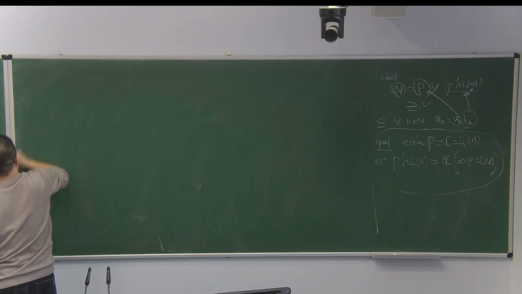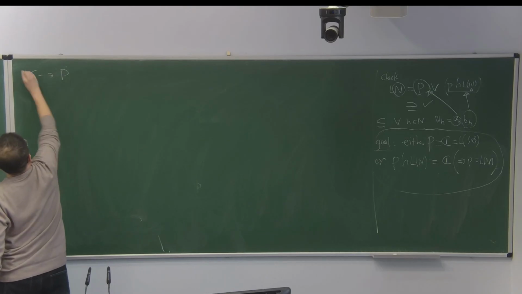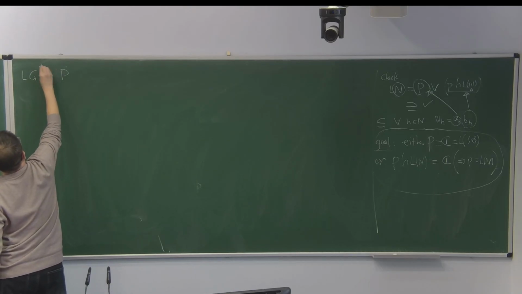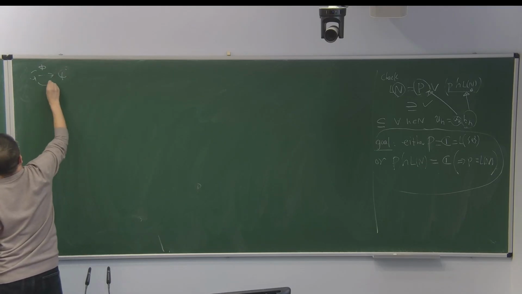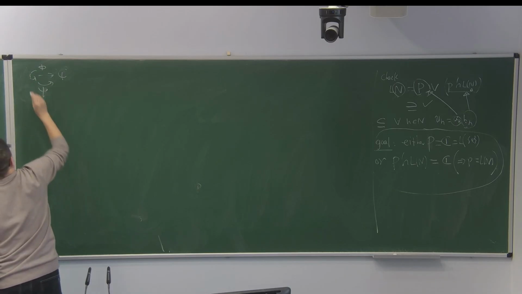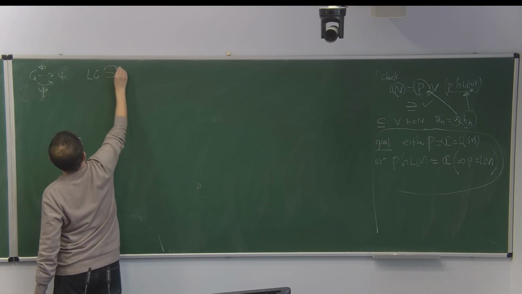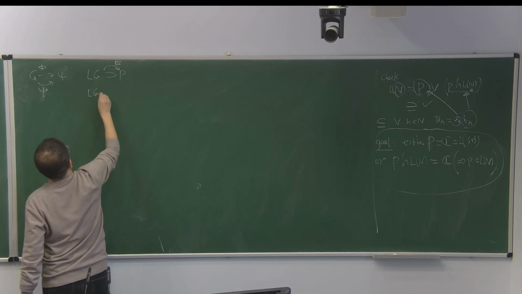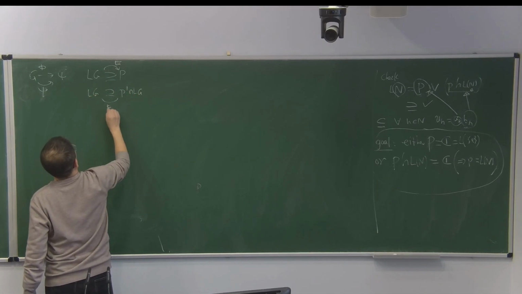So once again, we introduce characters, denoted by phi and psi, defined in the following way. Let's denote P, a conditional expectation by E. It also has some relative commutant denoted by E prime.